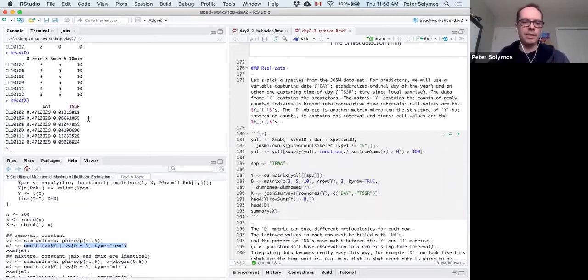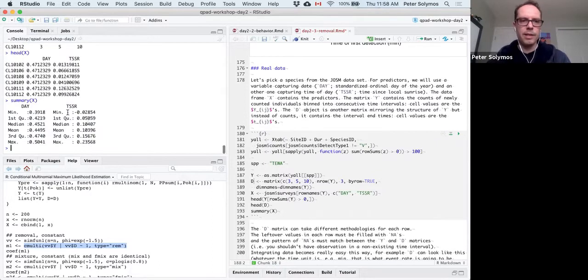So when this is negative, summary X, that means it happened before the local sunrise. When it's positive, that means it happened like 5 hours after sunrise or so. So this is the data we are going to use to fit a model when we don't assume anymore that this phi, this rate, is constant.